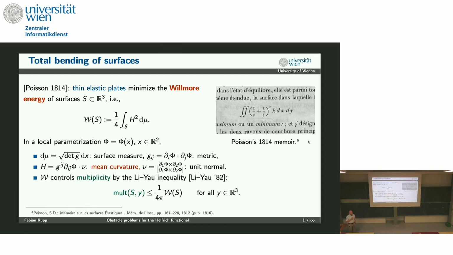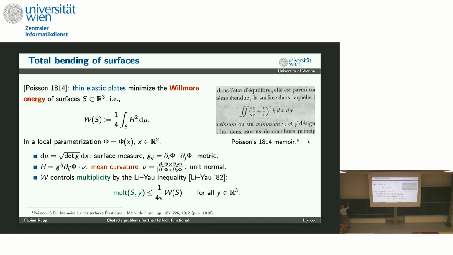One very important and distinct feature that is very often used in these variational applications is an inequality by Li and Yau, which means that we can control the multiplicity for a surface in R3. I was a bit sloppy to just write S subset R3, but in particular, I want to allow surfaces to touch itself.